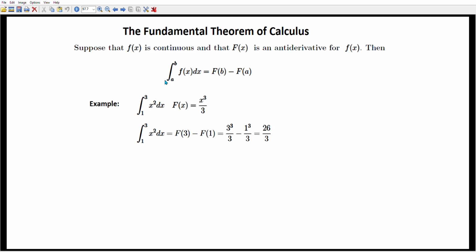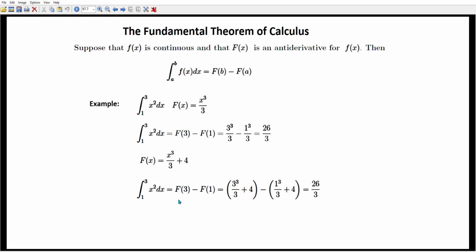Suppose we had chosen a different antiderivative. So F of x equals x cubed over 3 plus 4 is an antiderivative for x squared. And according to the fundamental theorem, we ought to be able to use it.